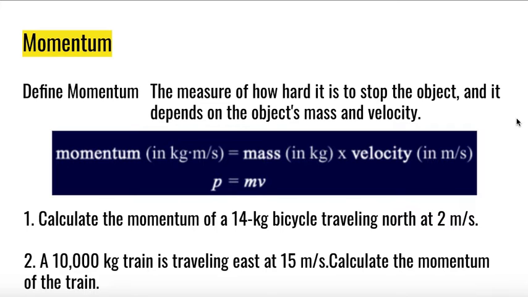So the momentum to stop this is what we're finding here. 10,000 kilograms times 15, which is going to be 150,000 in terms of the momentum. That's in kilogram meters per second, again. That's a crazy amount of momentum, because the train is so huge and so massive, it's really difficult to stop. So it makes sense that its momentum is a really large number.